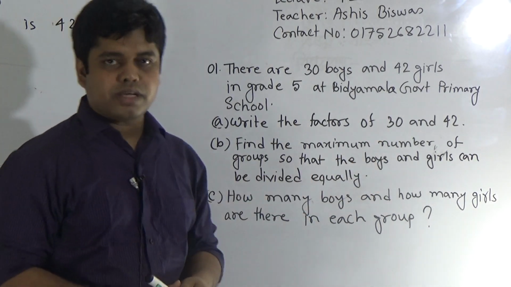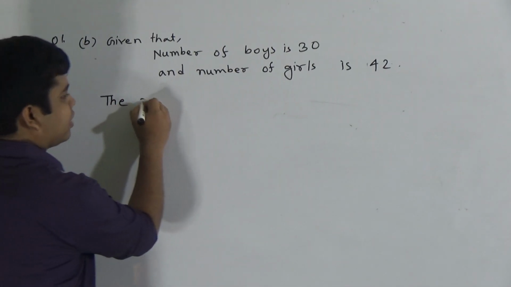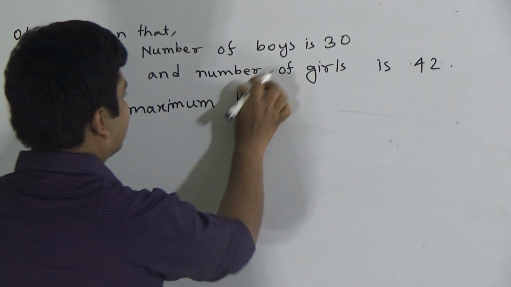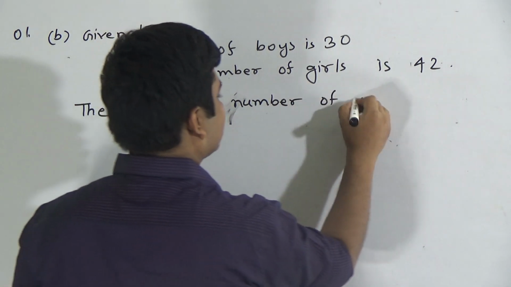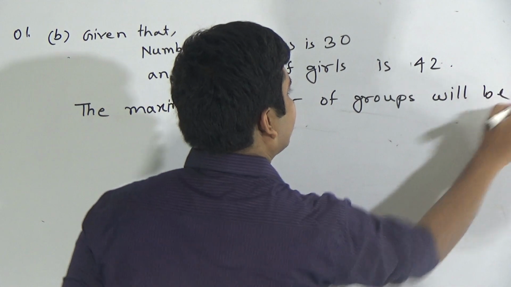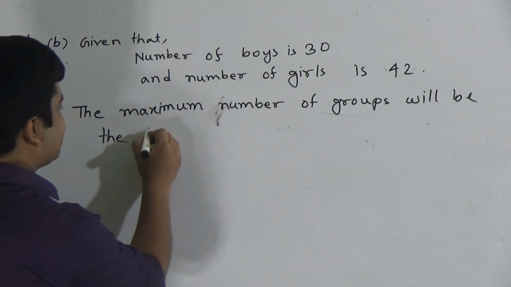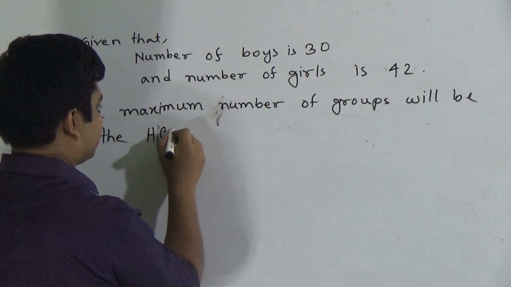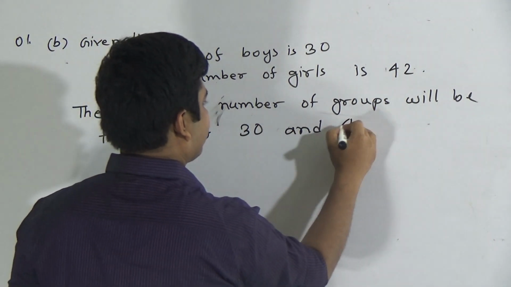Now the maximum number of groups will be the HCF of 30 and 42.